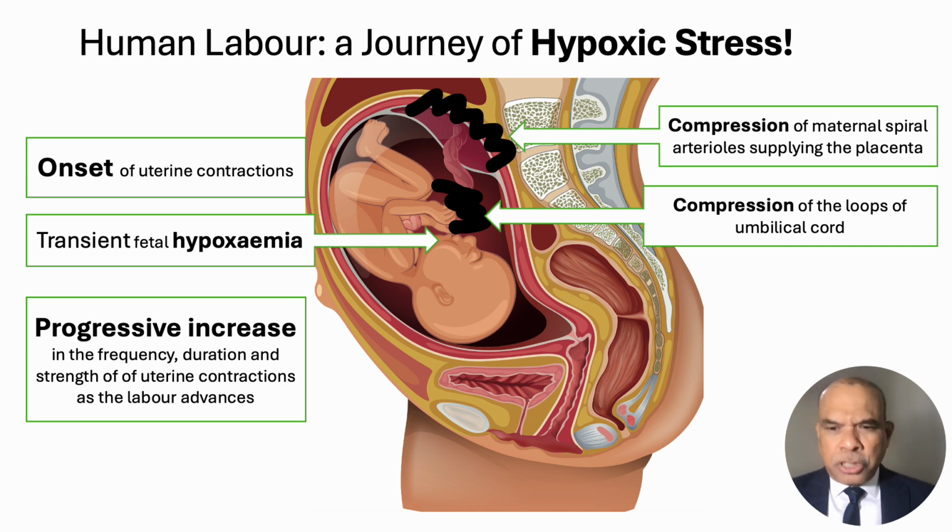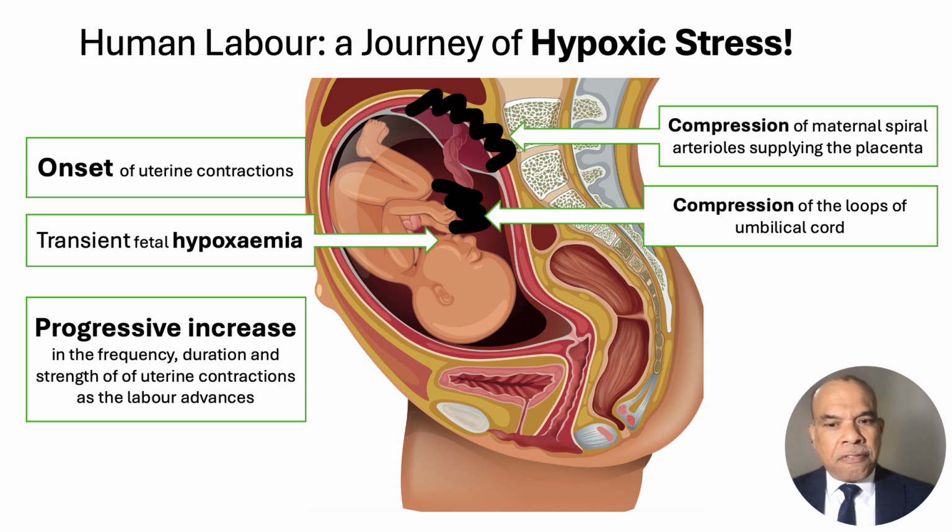And unfortunately, unlike running a marathon, in human labor the hypoxic stress is never constant. It is continuously increasing, because in latent phase of labor, you might have 1 or 2 contractions lasting for 20 seconds. Then when the active phase of labor commences, you might have 2 to 3 contractions lasting for about 40 seconds.